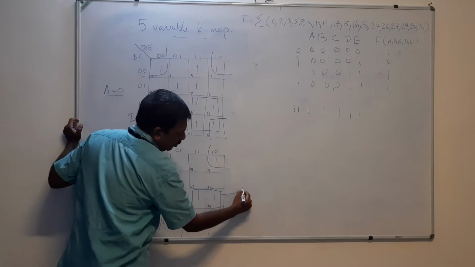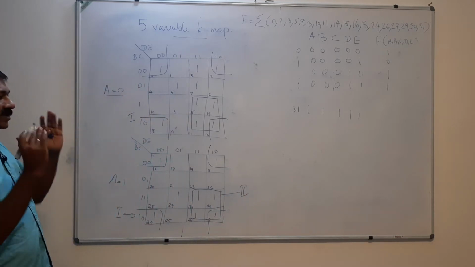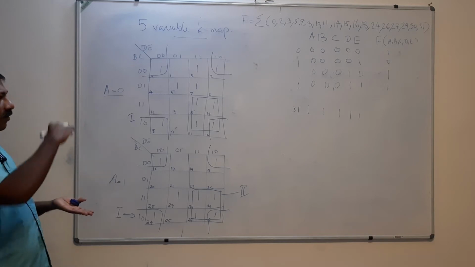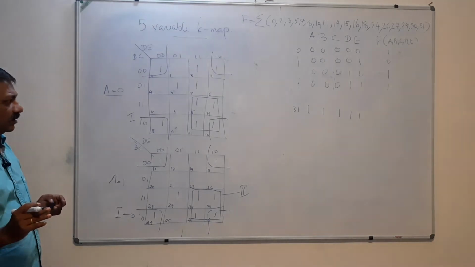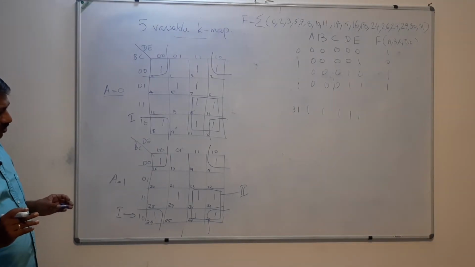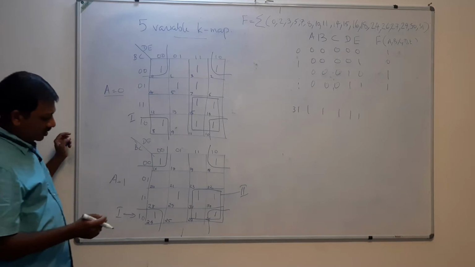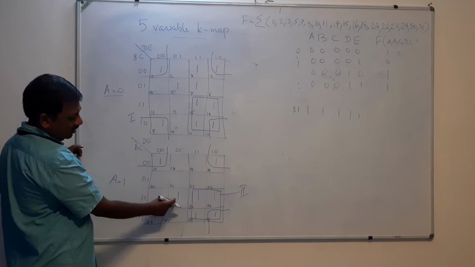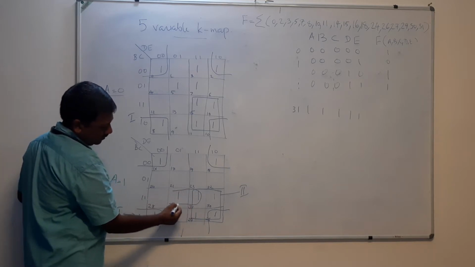Okay, I am going to name it as 2. That means if you can form the same kind of groups in these two tables, then it's very easy. So now see, nothing like that exists, and here a single one remains, so you have to form a group like this.